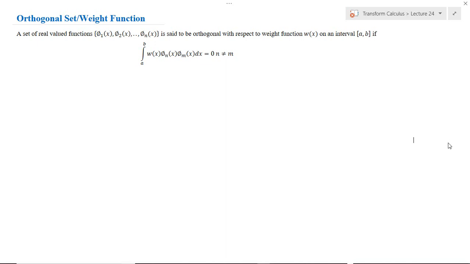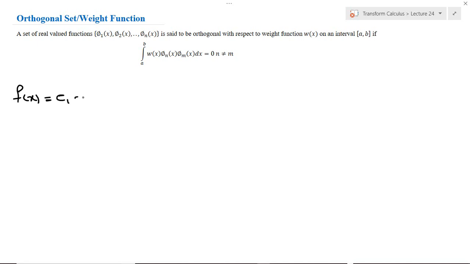So we can use an orthogonal set of functions with respect to another function to represent any arbitrary function as well. For example, let's assume we have an arbitrary function f(x). I can represent it in terms of orthogonal functions with respect to a weight function.